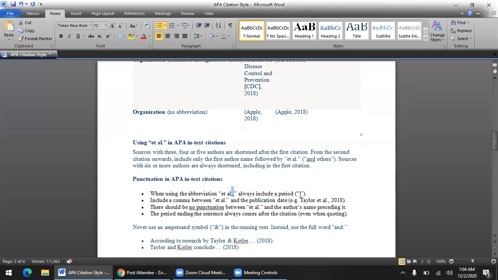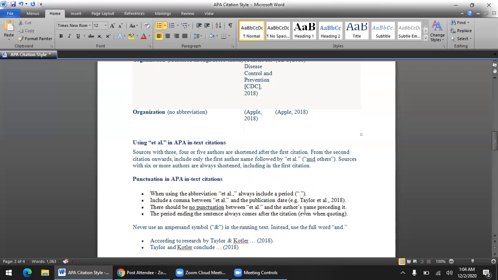So you will put a dot after et al. Include a comma between et al. and the publication date. So before the publication date include a comma. Here is the comma. There should be no punctuation between the author's name and et al. There is no punctuation between these two.